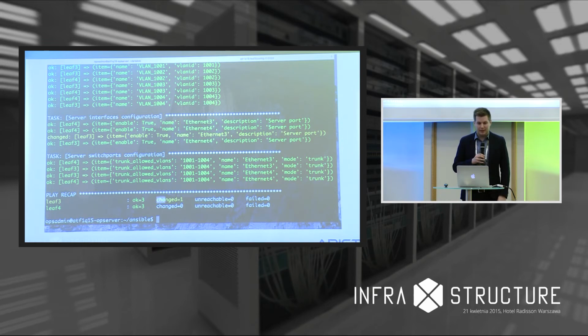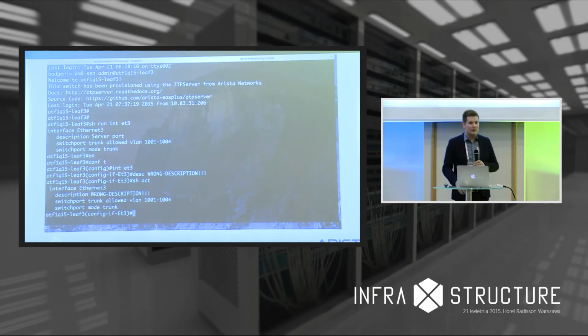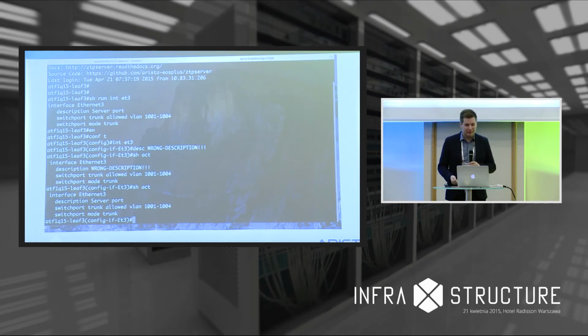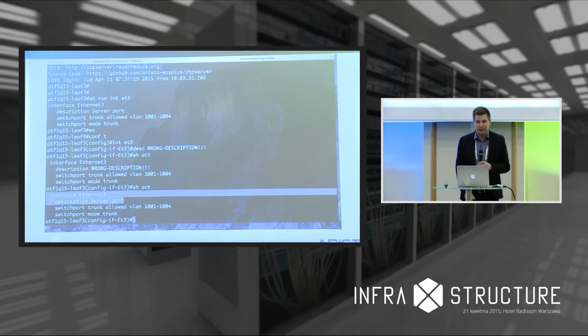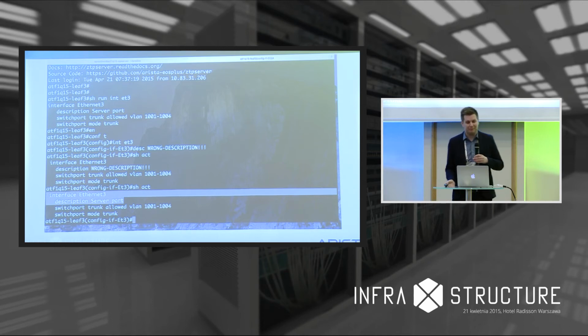So we can see we've changed it there, and our configuration is now back to normal. We can verify at the actual switch command line that the description has been restored to what it should be. So I suppose that gives us ongoing configuration change, configuration management, and execution in an automated fashion.